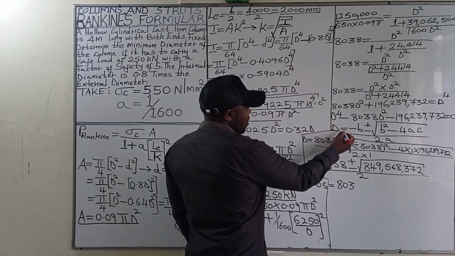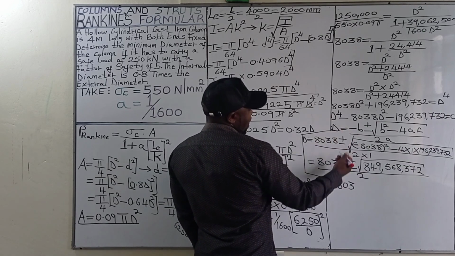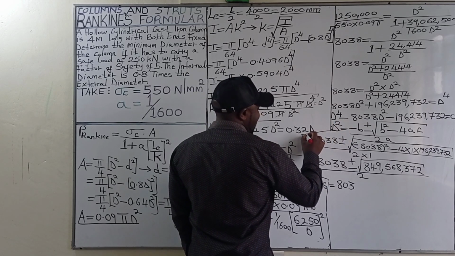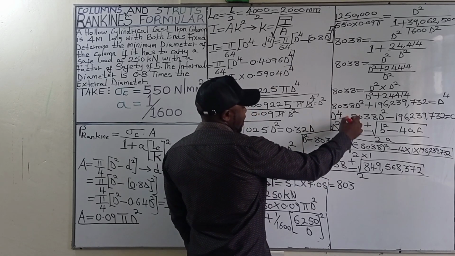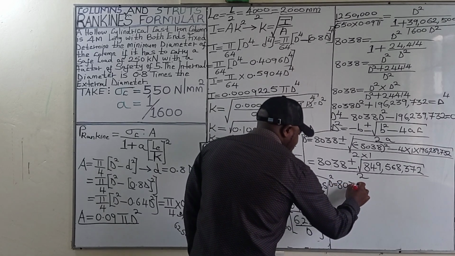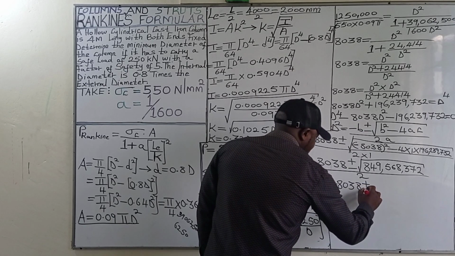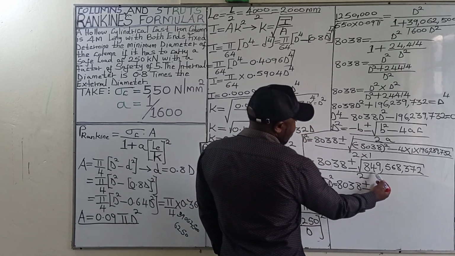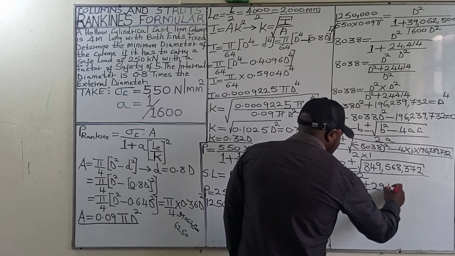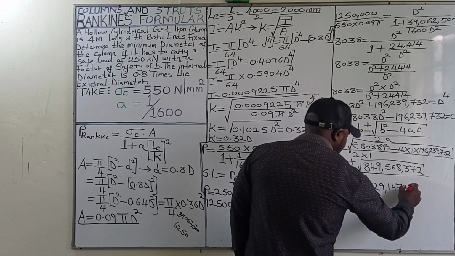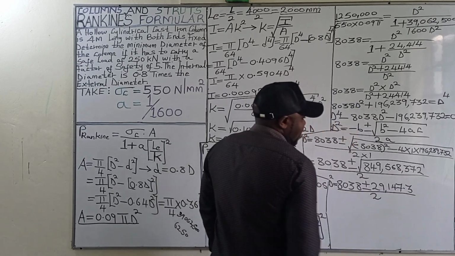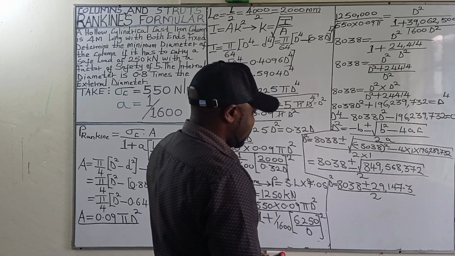Actually, what we are going to get after solving this quadratic equation will be d squared, since this is d raised to the power of 4. Therefore, d squared will be equal to 8038 plus or minus the square root of all this, which is going to be 29,147.3. And then we divide that by 2.